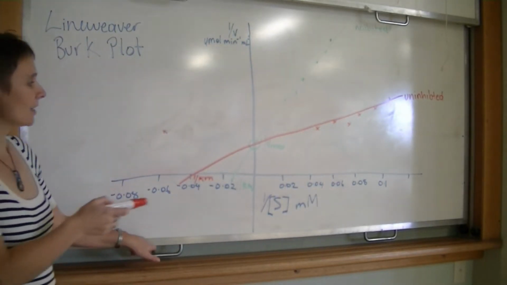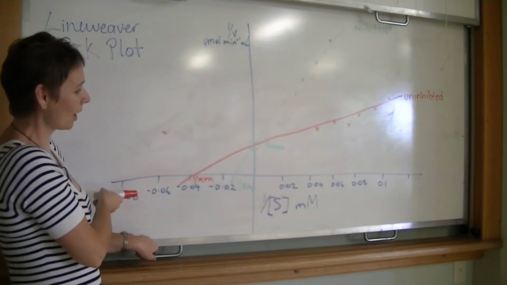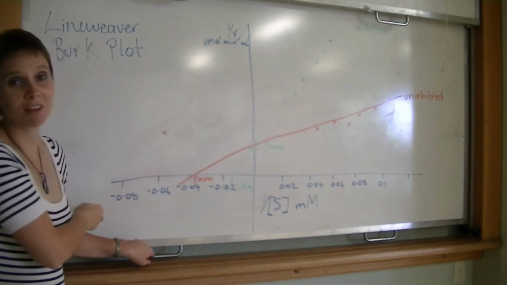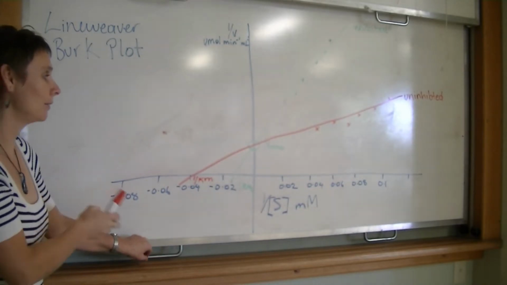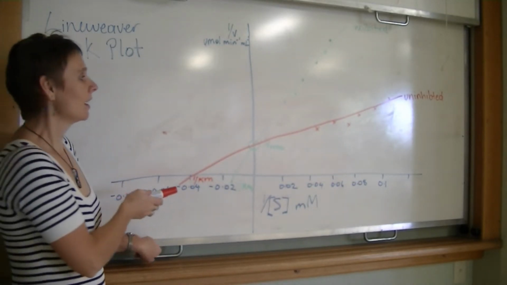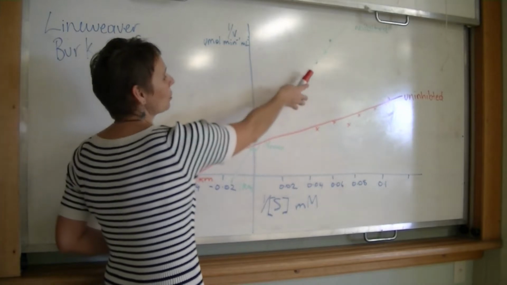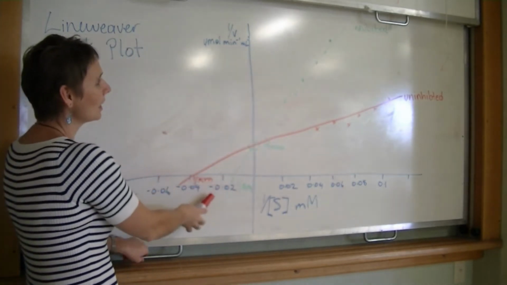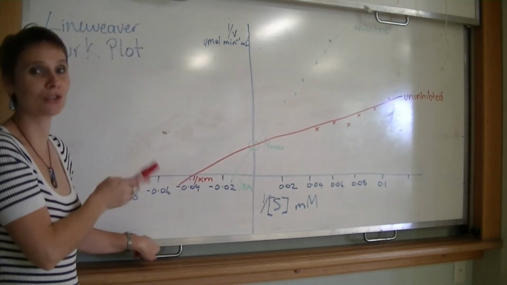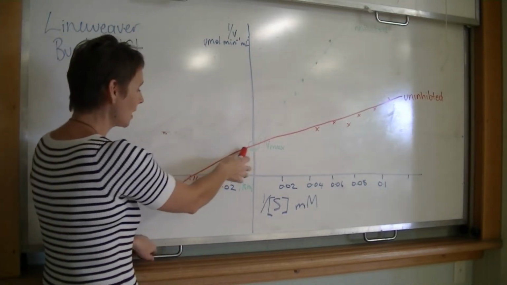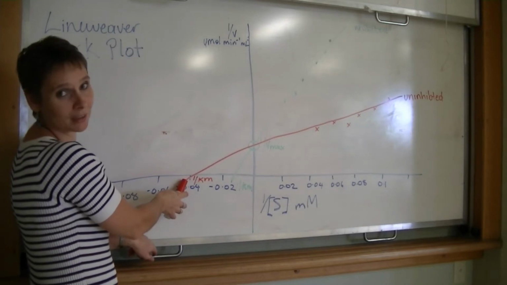As you can see, this graph requires there to be negative values on the substrate concentration axis. The reason for that is that we want to extend our linear regression that we fit through our points, which are now a straight line, all the way to the axes.